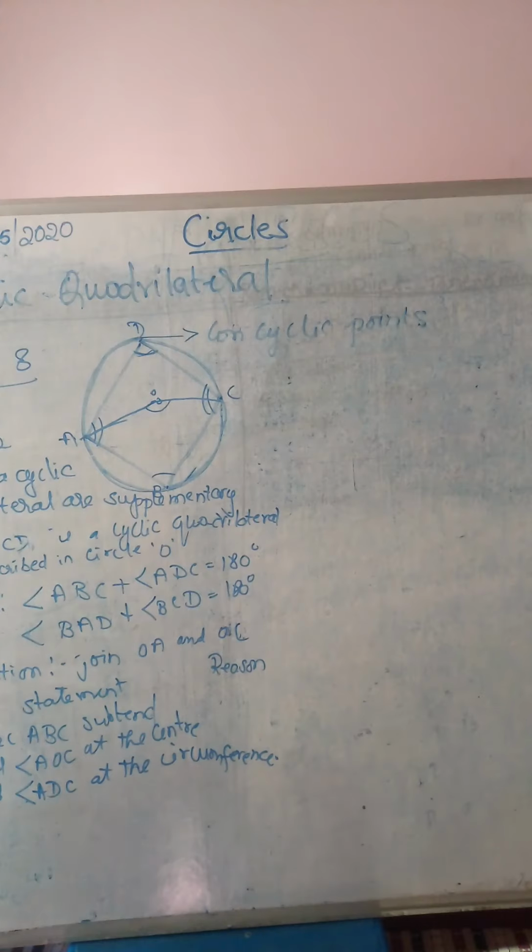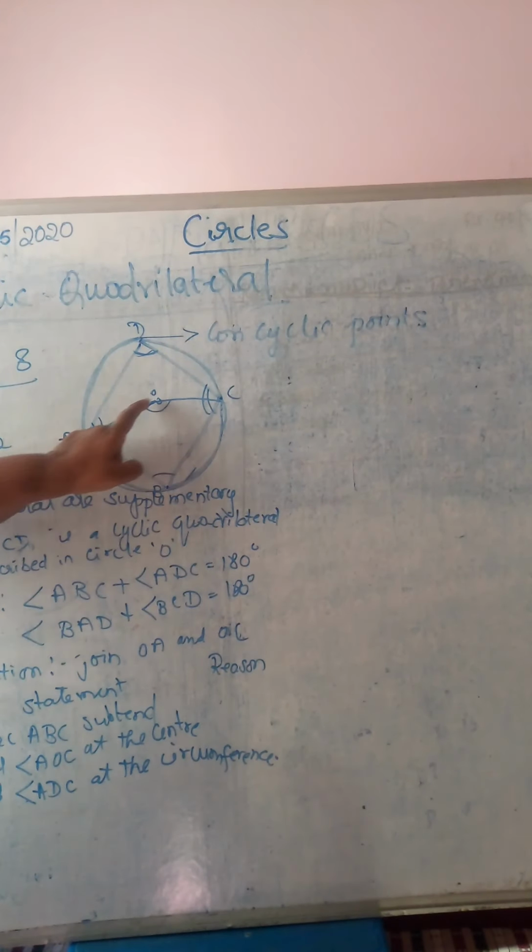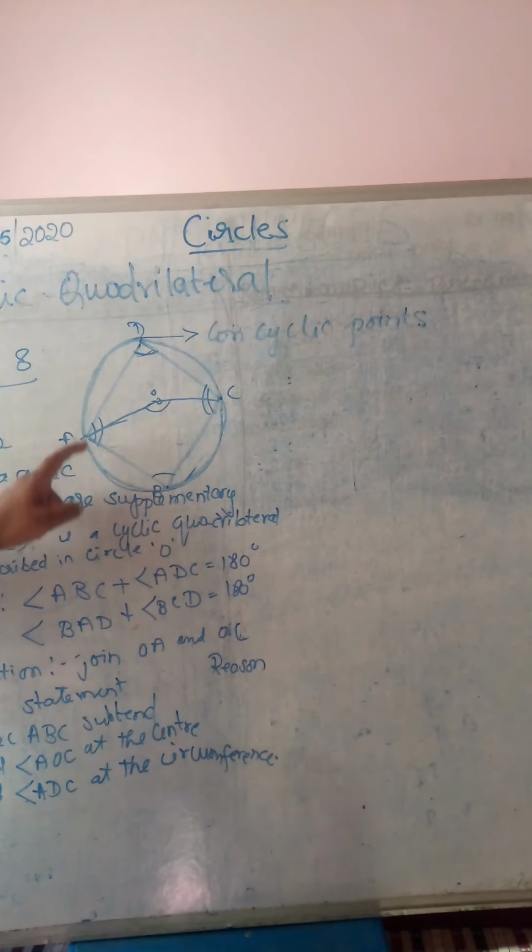See, this arc subtends an angle at the center and an angle on the circumference.